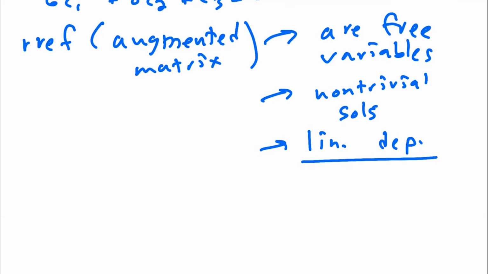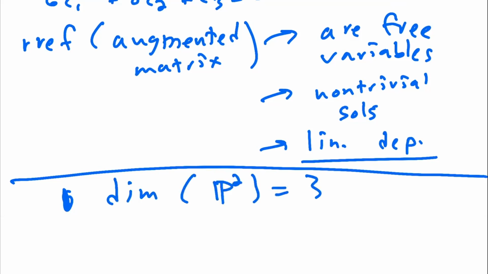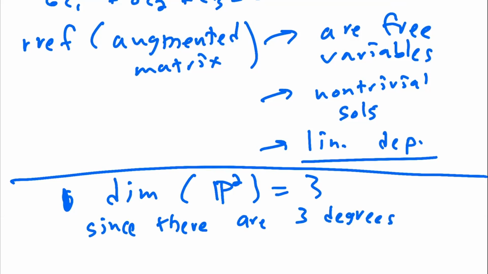My other question was, what were you saying about the dimension and the degrees of freedom, what the rule is for that? I don't quite remember that. I know that the dimension of P2 is equal to 3 since there are 3 degrees of freedom. In general, there is a theorem in your book that says exactly what the dimension of these spaces are.